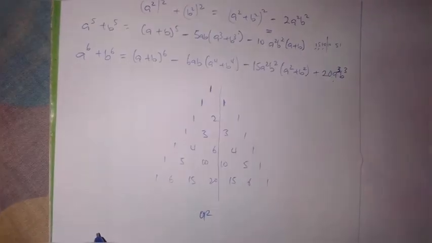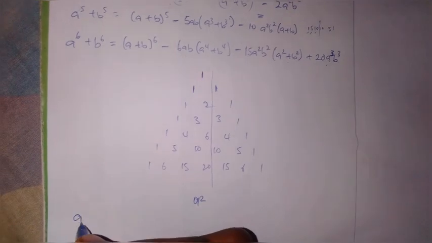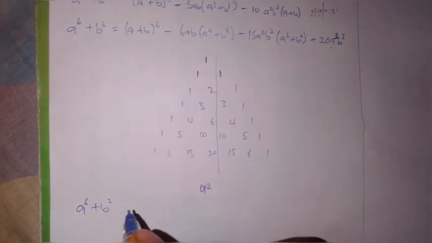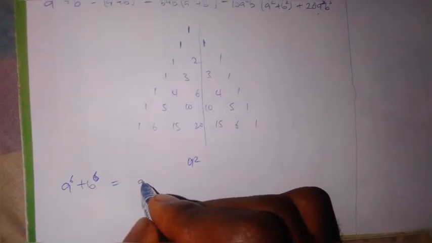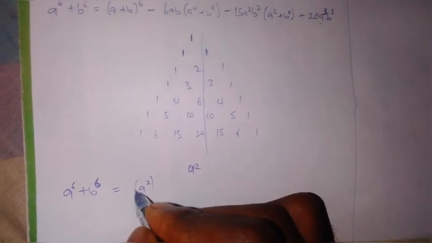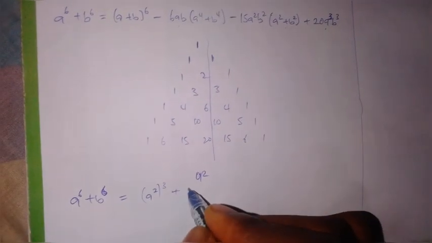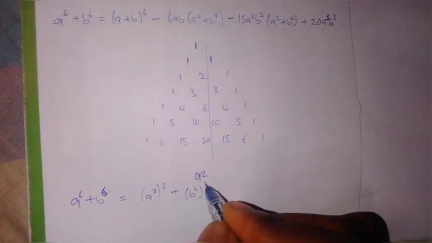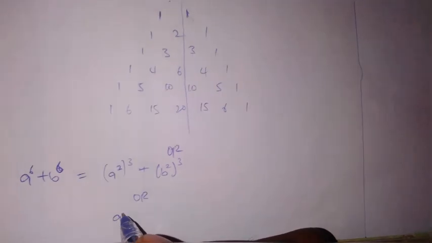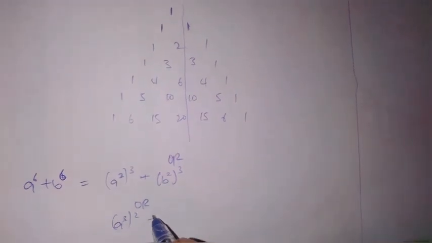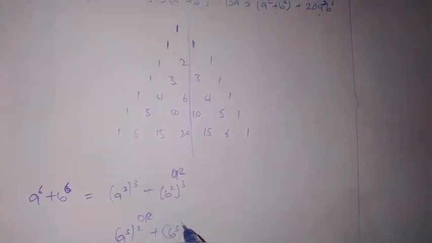Or for a raised to power 6 plus b raised to power 6, we can say the same thing as a raised to power 2 or raised to power 3 plus b raised to power 2 or raised to power 3, or I can also say the same thing as a raised to power 3 or raised to power 2 plus b raised to power 3 or raised to power 2.